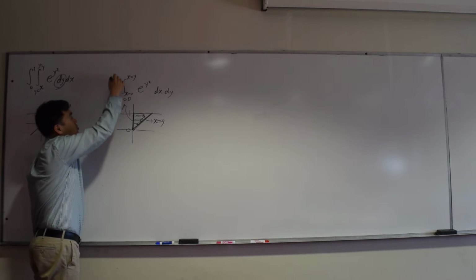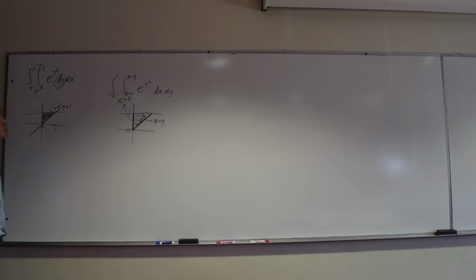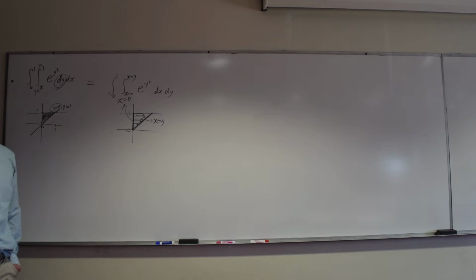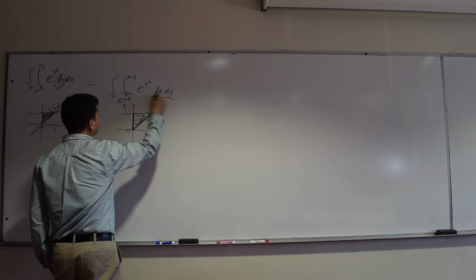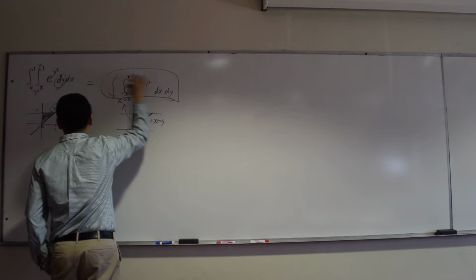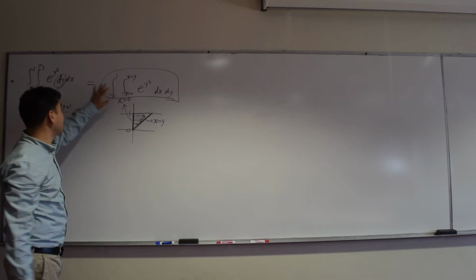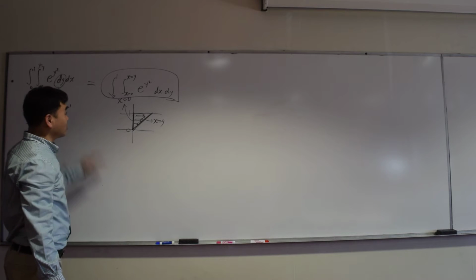So it goes from 0 to 1. That's what we have to integrate now. Because we changed the order of integration correctly, this integral is exactly the same as before. So if we can compute this, it's going to give you the value of what we were trying to compute.